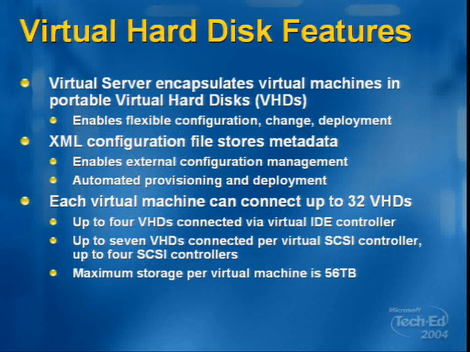So virtual hard drives completely encapsulate a virtual machine. If you look at a virtual machine from the host perspective, all you see is a VHD file and a VMC file. So the VHD, virtual hard disk, VMC, Victor Mary Charlie, virtual machine configuration file. There's a third file which is associated not so much with virtual machines, but with networks, and it's called the VNC, Victor Nancy Charlie, virtual network configuration. These XML files for the VMC and the VNC store your configuration.